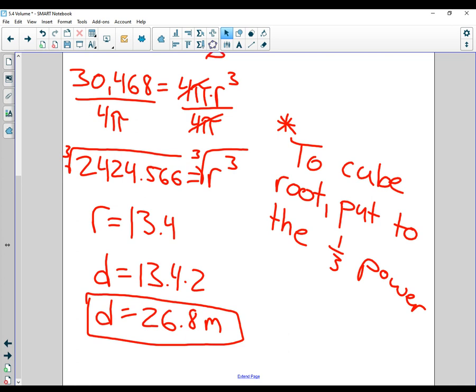Let me see if I can find the cube root on the TI-84. I found the cube root button in case anyone wants to know.